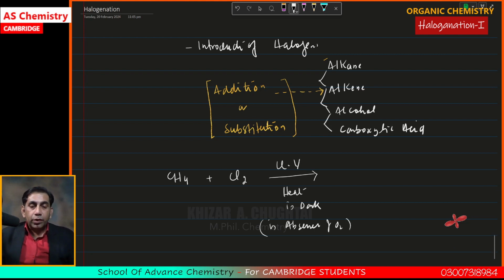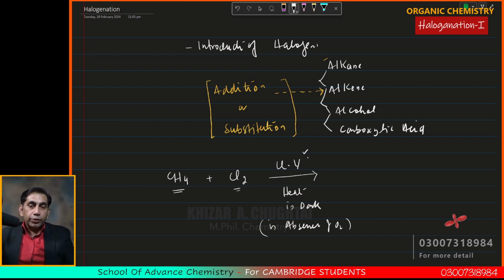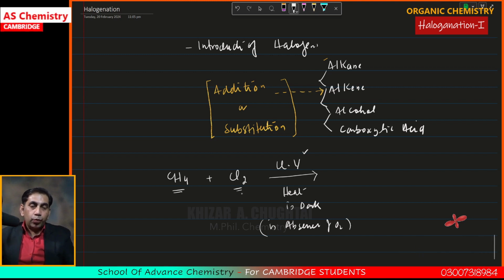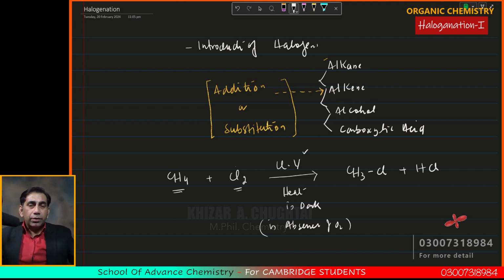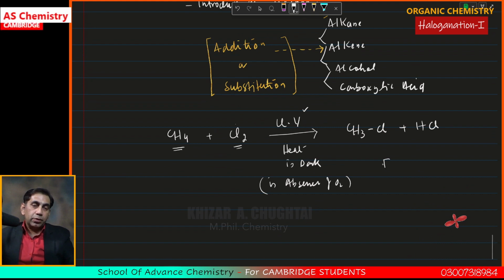So methane is going to react with chlorine, and if exposed to the UV light, one of its hydrogens will be replaced by Cl. So I'm going to make CH3Cl plus HCl. This is called substitution reaction, or said to be free radical substitution reaction.